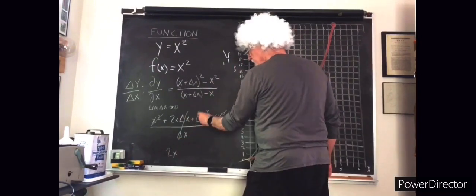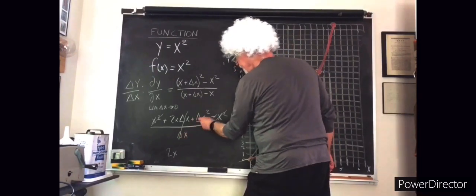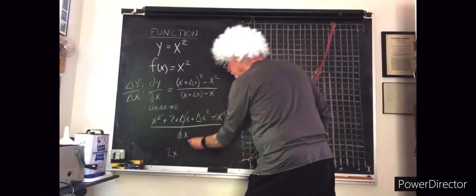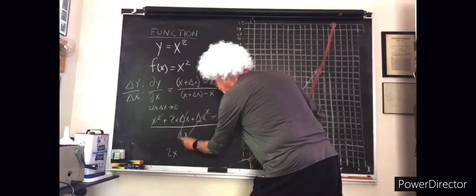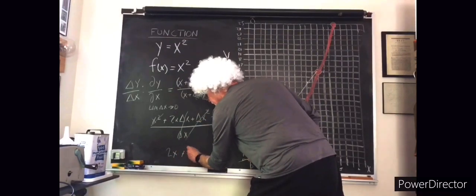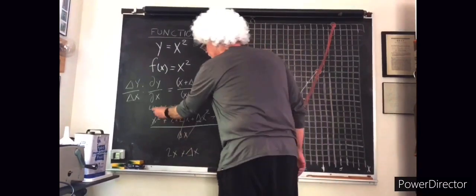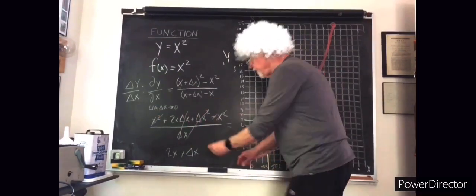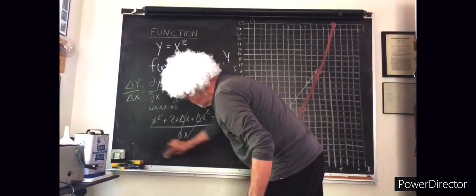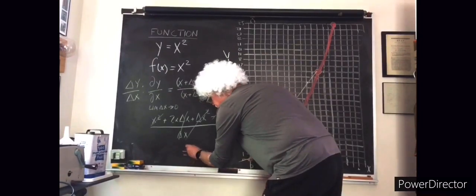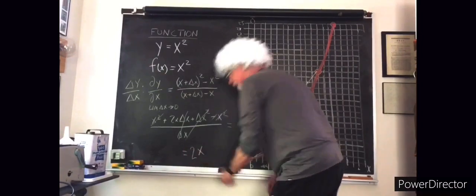plus delta x squared, that just goes to delta x. And now we take the limit. As this goes to 0, this goes to 0, and we are left with 2x.